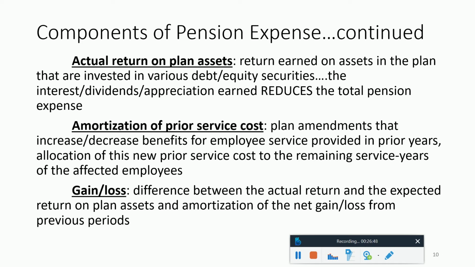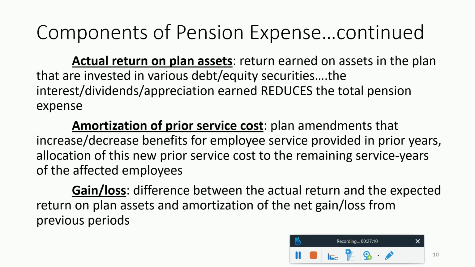And then another component of pension expense is the difference between the actual return and the expected return on plan assets and the amortization of that net gain or loss. So this is similar to the previous example where we have an actual return on plan assets. We've talked about that a couple minutes ago.